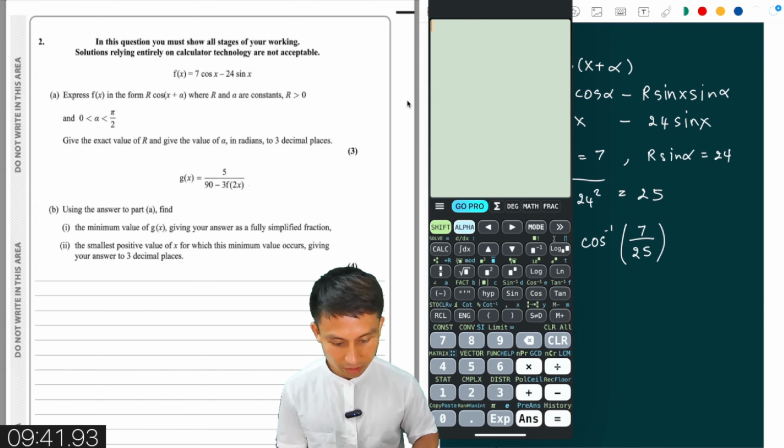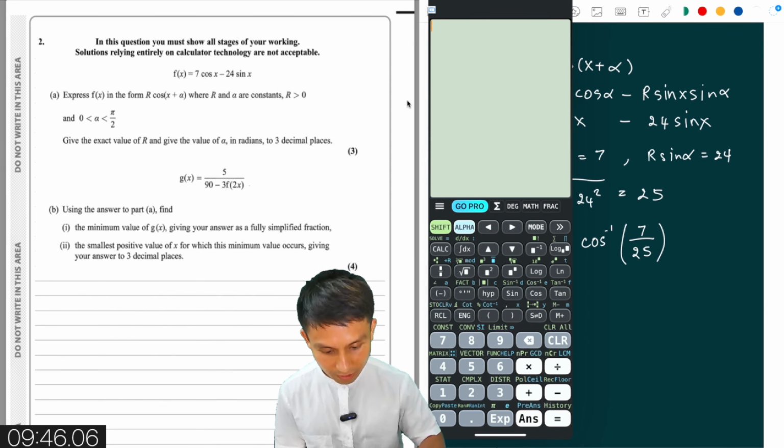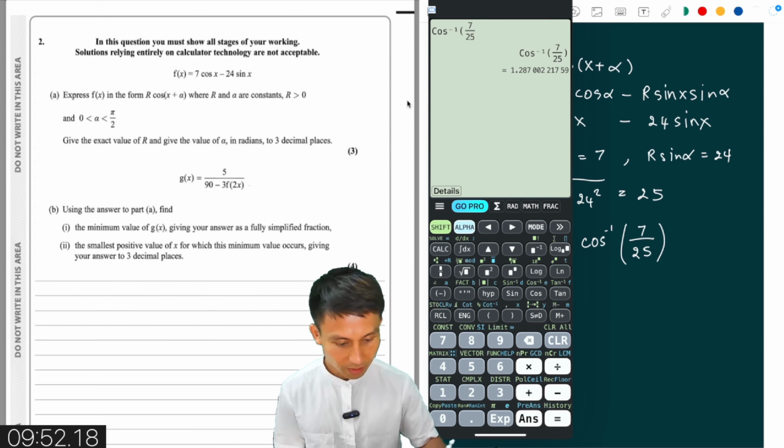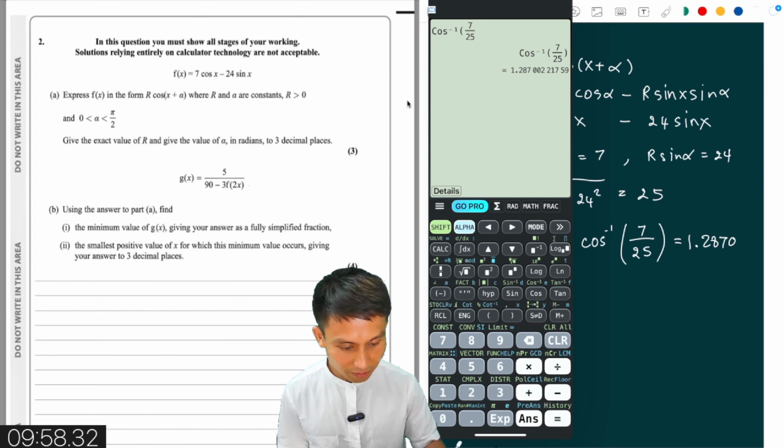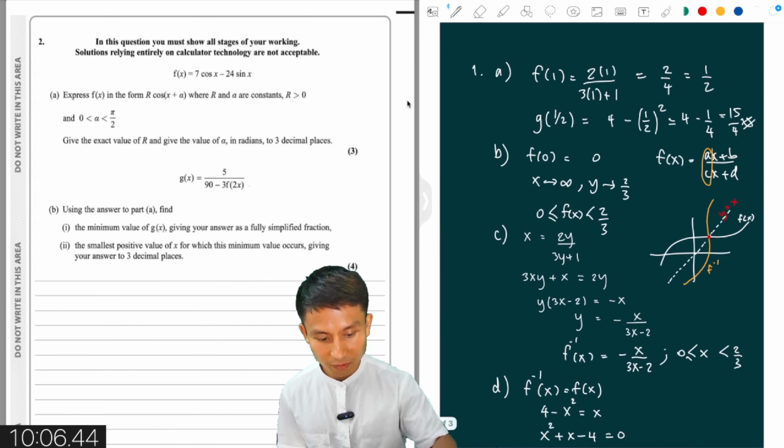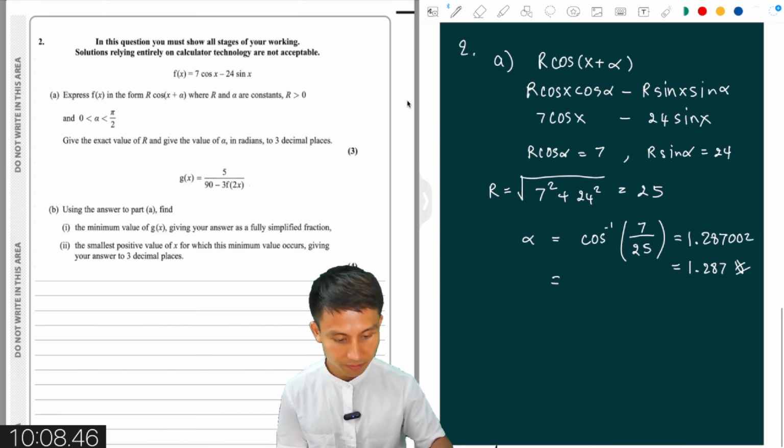Okay, so inverse cos, wait, how do we do it in radians, so I need to change to radians first. Okay, inverse cos of 7 over 25, that comes to be 1.287 to 3 decimal places. I'm going to give it more first, like that, and then I'm going to do 3 decimal places. Okay, so that's my alpha right there. Hang on. Yeah.